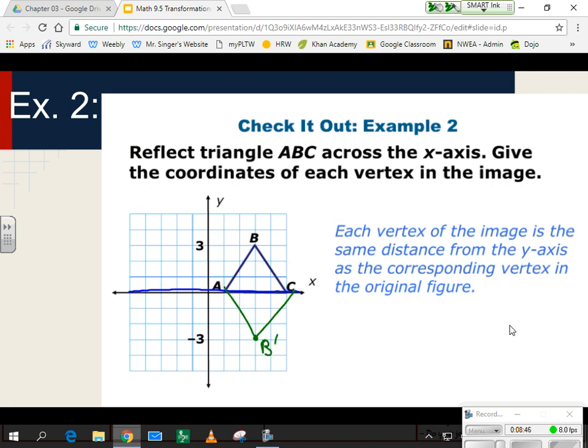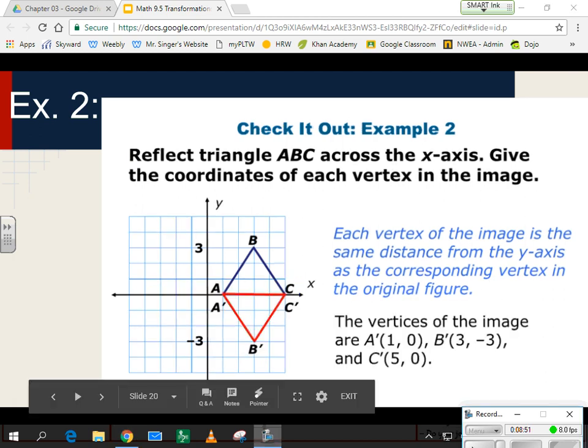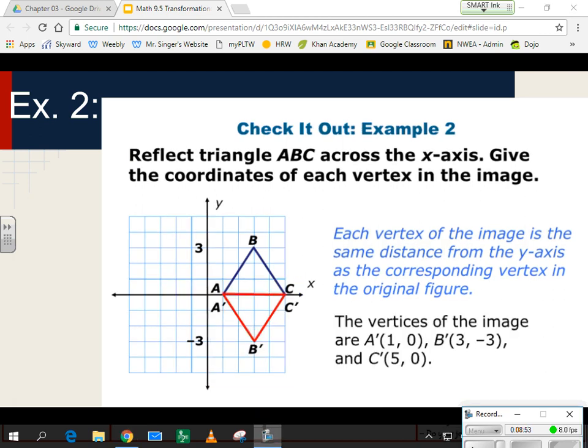So A prime and C prime are going to be the same, so it's going to look like, boom, this. So A prime and C prime are still the same ordered pairs, 1, 0, and 5, 0. The only one that's different is 3, -3 now instead of 3, 3 for B prime.